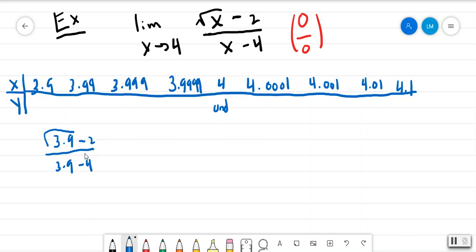So for example, we have the square root of 3.9, and then we're going to do minus 2 divided by 3.9 minus 4. Okay, so we'll do the approximation.